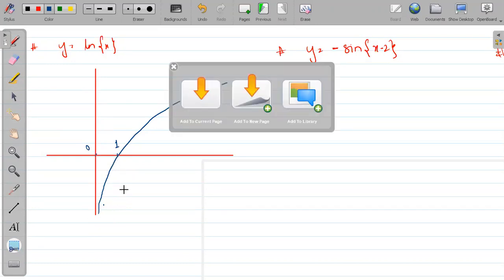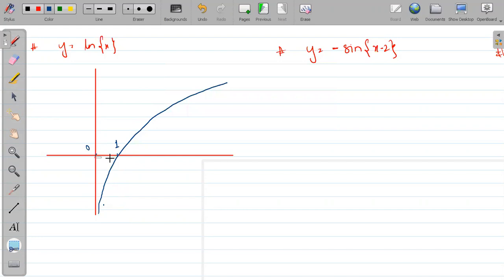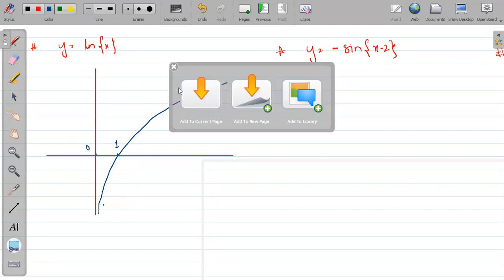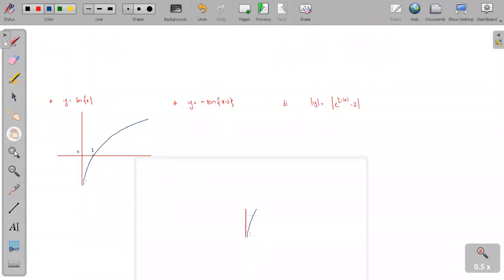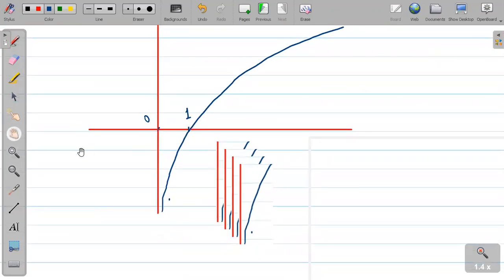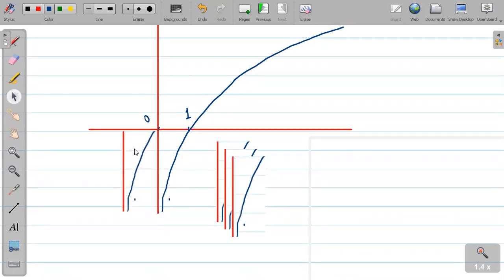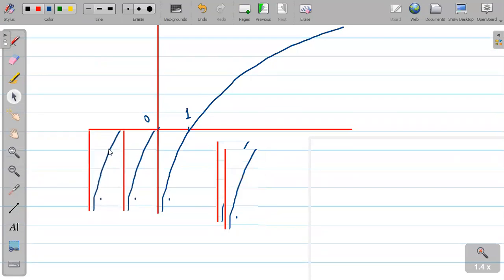This graph that I am drawing, so you are going to get a graph like this.